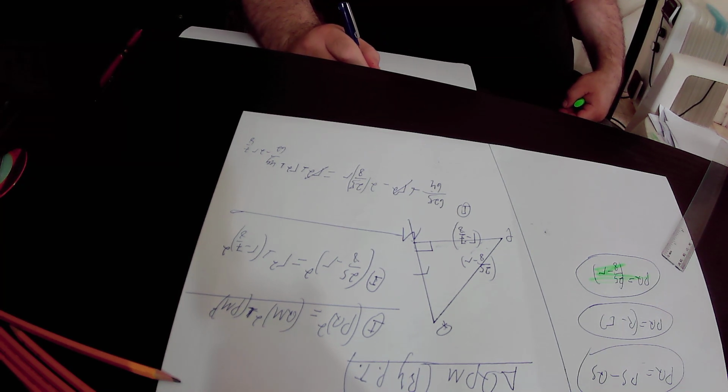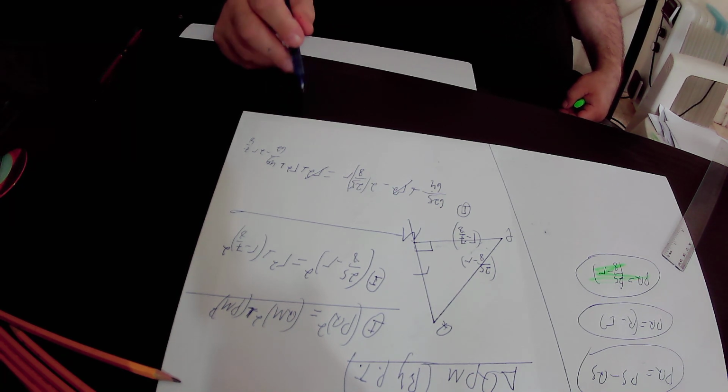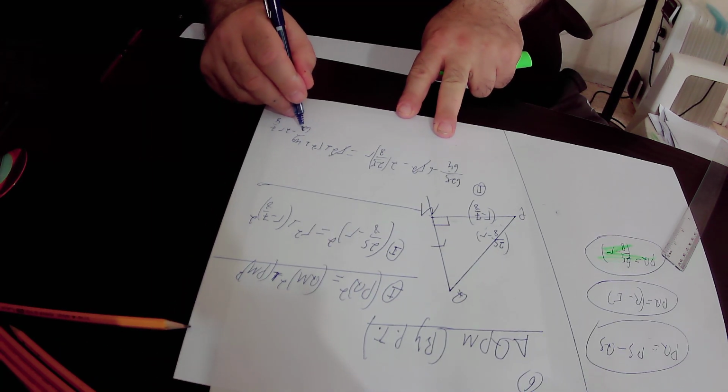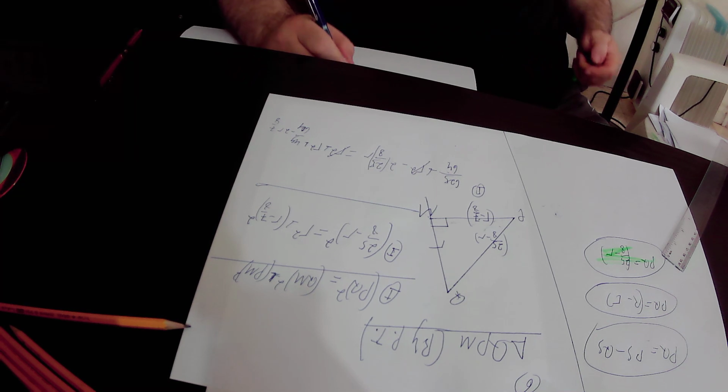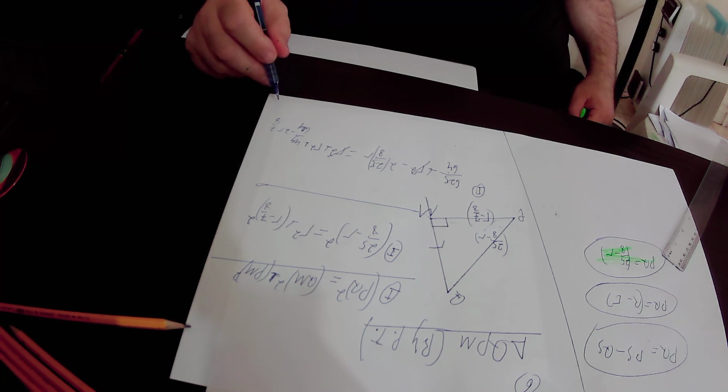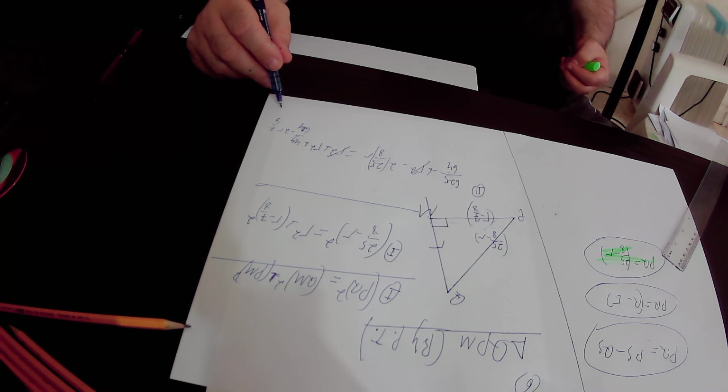And it is equal to r squared plus 49 over 64. Here we have minus 2r times 7 over 8. We divide both the numerator and the denominator of this expression by 2.